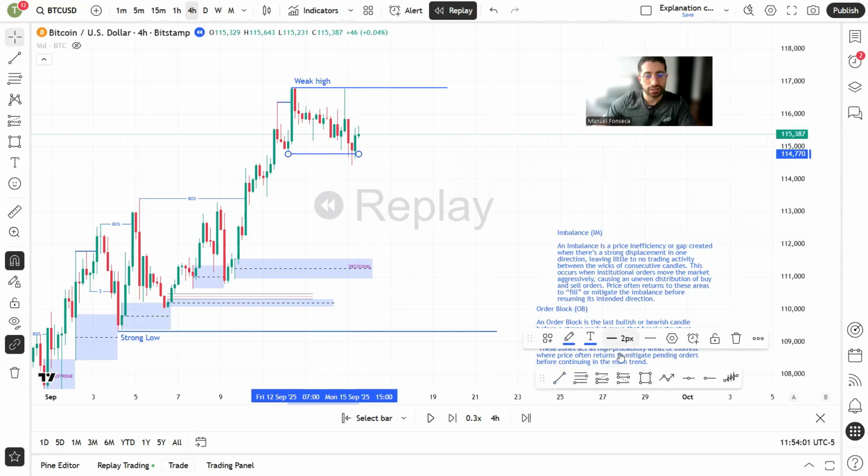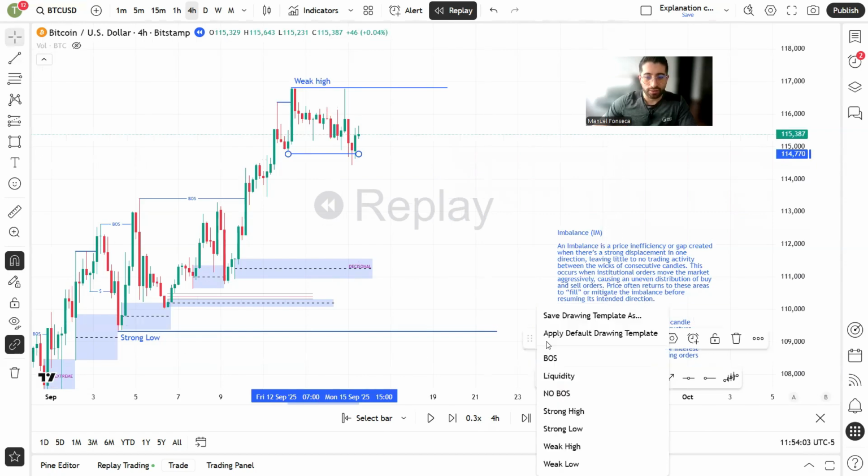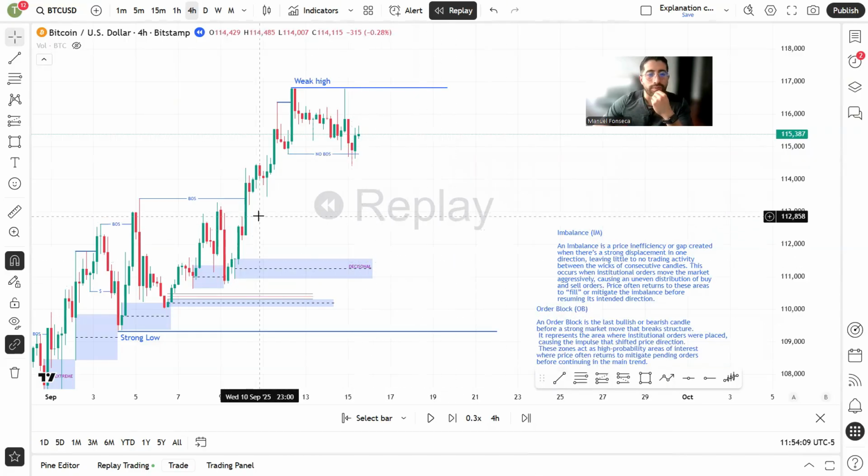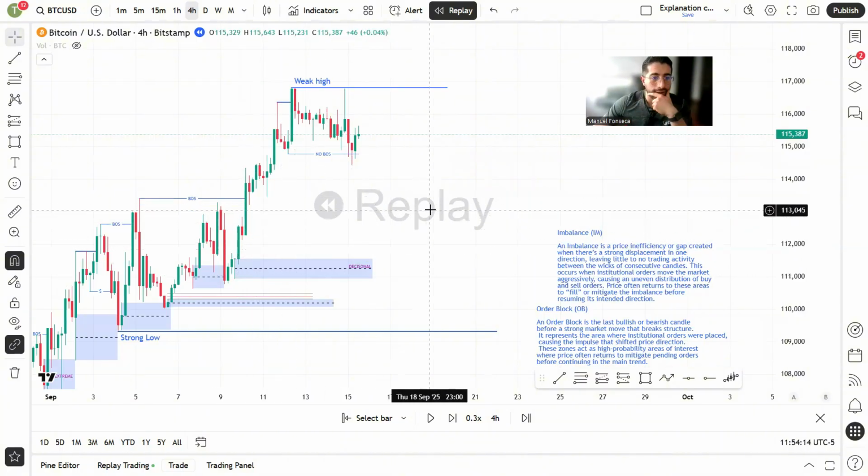Not yet. So this is a potential range ending, right? So there's no break yet, right? So what I want to do here is try to find order blocks and imbalances in which there are possibilities of reaction.